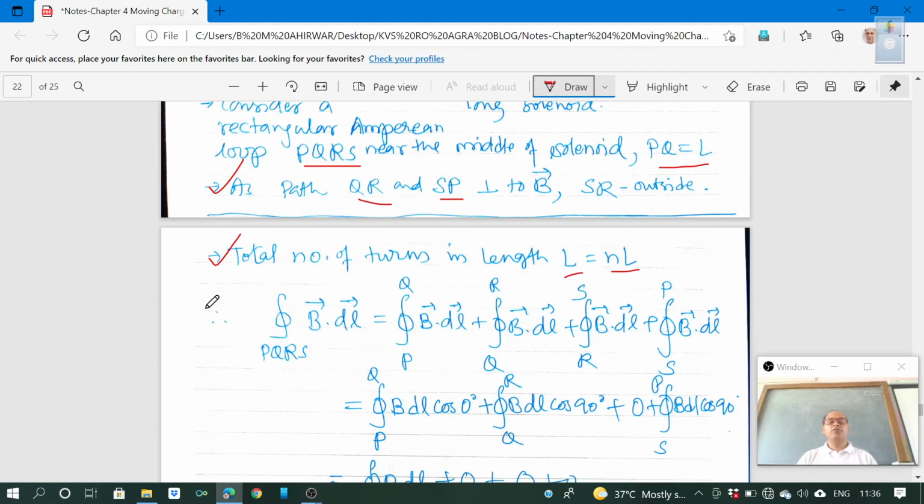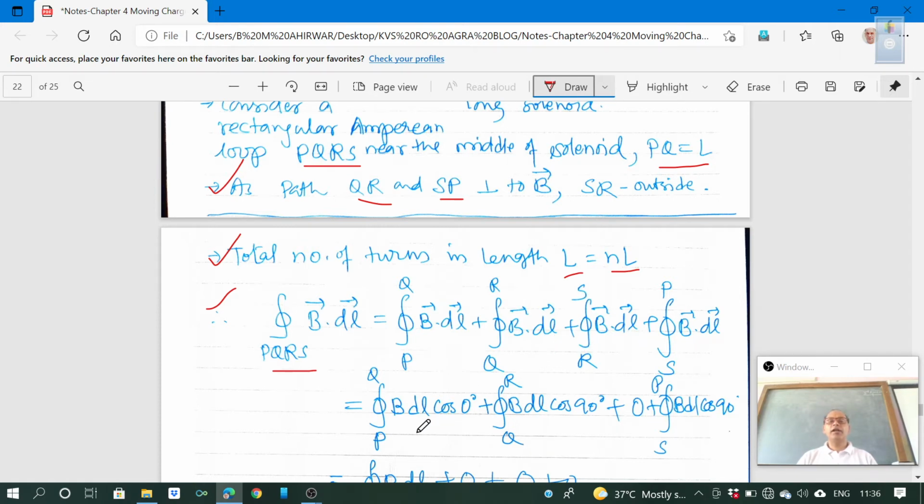Now we have to find the magnetic field due to the four different sides of the rectangular loop. So we take the line integration over the whole loop PQRS: the line integral of the PQ segment plus the QR segment plus the RS segment plus the SP segment.